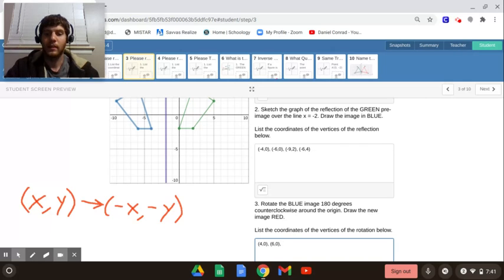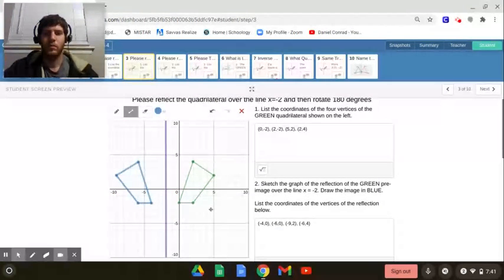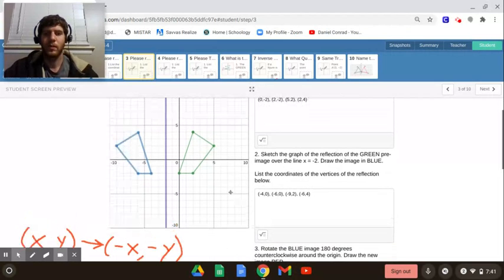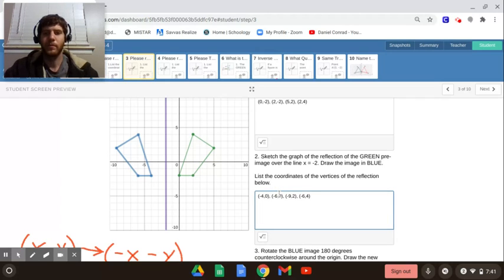Okay, and then 9, negative 2. Okay, and then negative 6, 4 has become 6, negative 4. Okay, and then we can plot those points there. Oh, I'm sorry, these should be negative 2. Right?